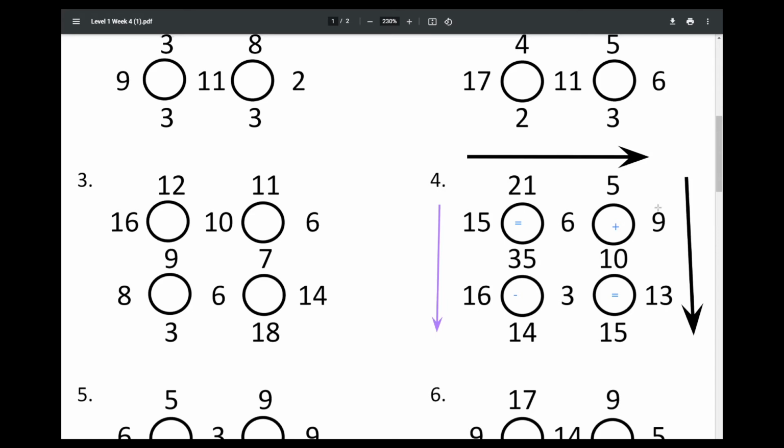So show me 7 fingers if you want to do number 7, and show me 5 fingers if you want to do number 5. You guys want to do the hard problem? You think you can do it? McKinley, I think you can do it. All right, it looks like most of you want to do number 7. Okay, so we'll skip down to number 7, and I'll give you all a few minutes to work on it and see if you can figure it out. I think you guys can.